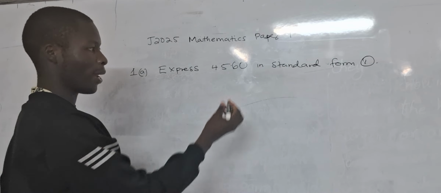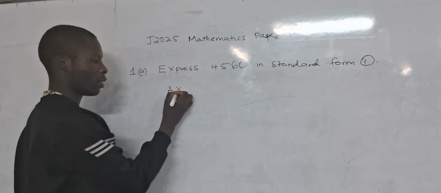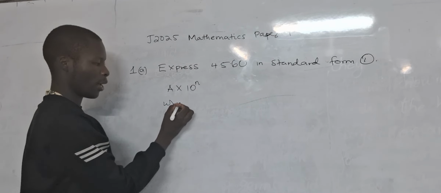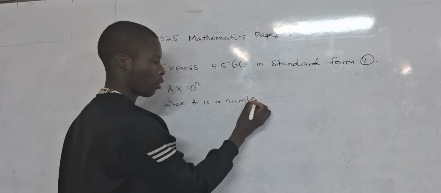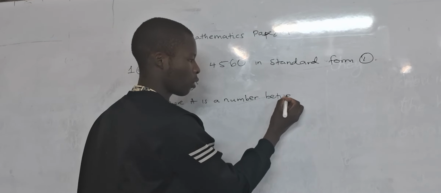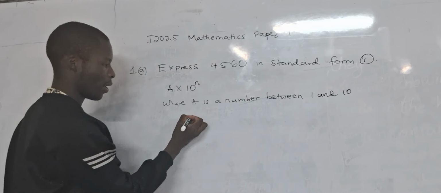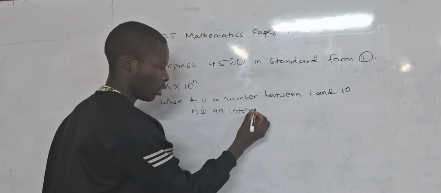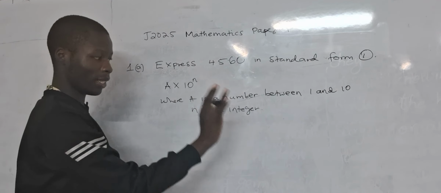We know that a number in standard form is given in the form a times 10 to the power n, where a is a number between 1 and 10. N is an integer. Okay, so what is an integer?